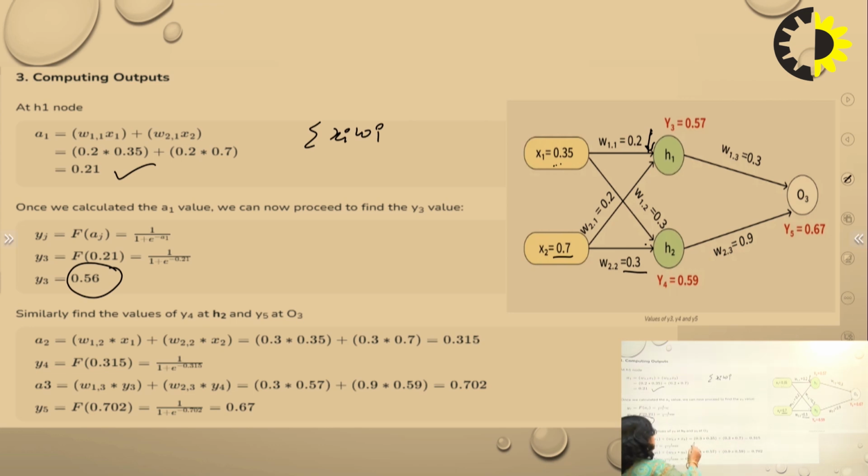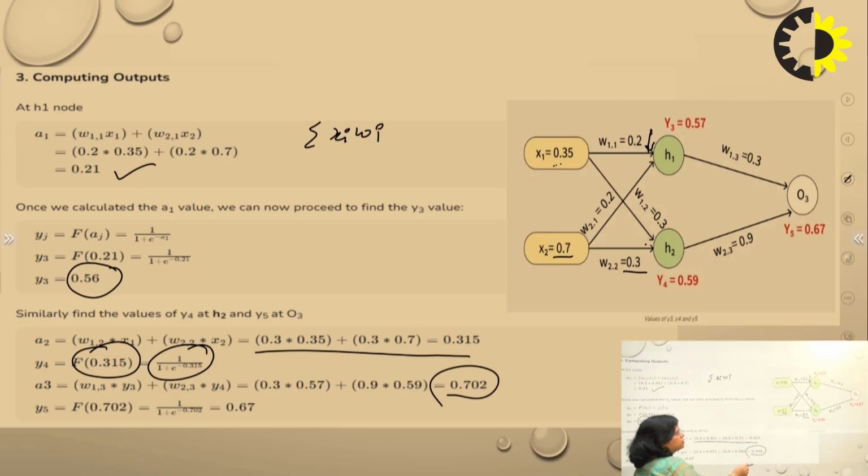So we get 0.315, and we apply the activation function here, and we get the value of this.